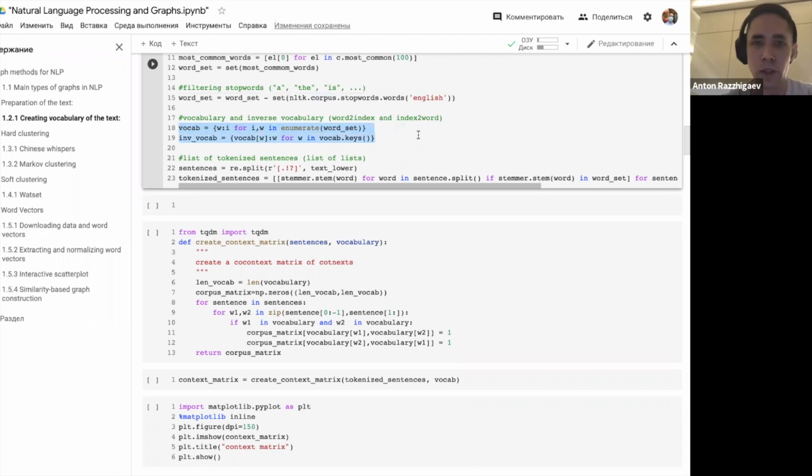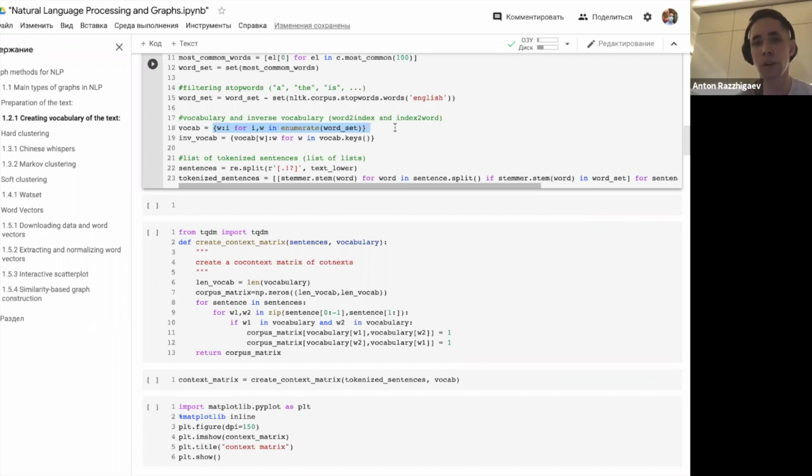In these two lines, we create a vocabulary and an inverse vocabulary. These are two mappings from words to word indices, so we can create some correspondence between a word and a number.